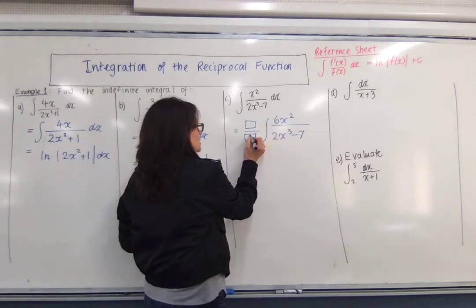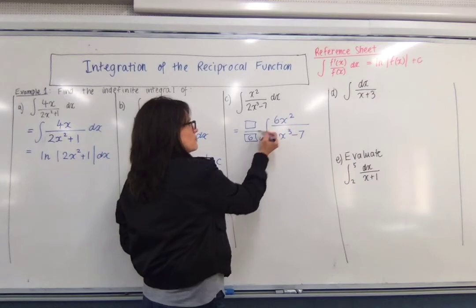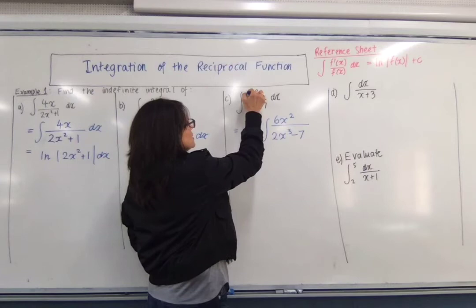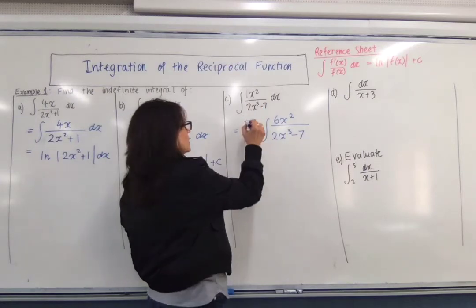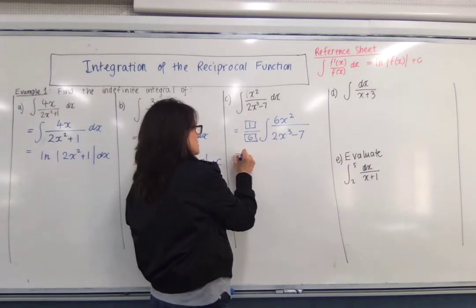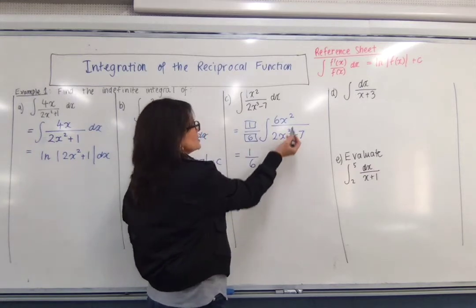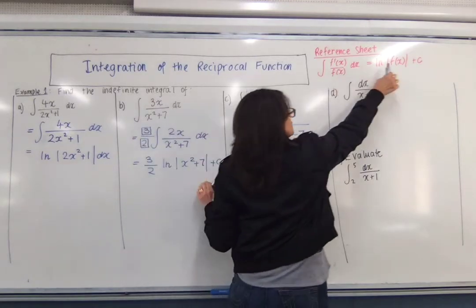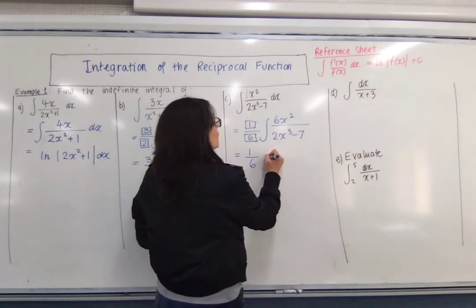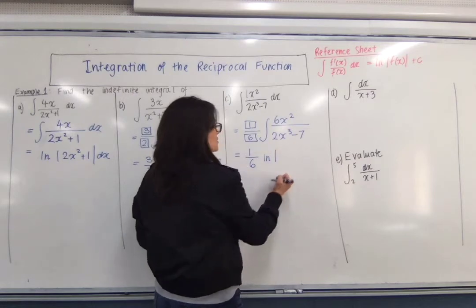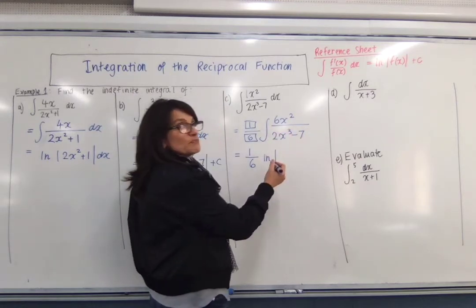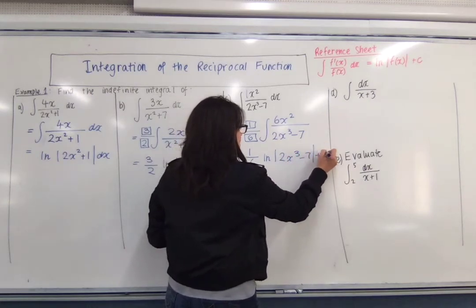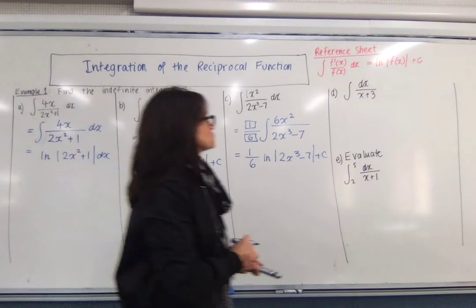So let's put a 6 out here down the bottom so that when we multiply this in, our 6's cancel. And what are we going to take out the front? Well, we want this coefficient up here to be 1, so let's take out 1/6. So I've got 1/6 times, now it's in this form, f dash x over f of x, so I can use my result from the reference sheet, which is the natural log of the absolute value of this function that's below, which is 2x cubed minus 7, and then plus my constant c.